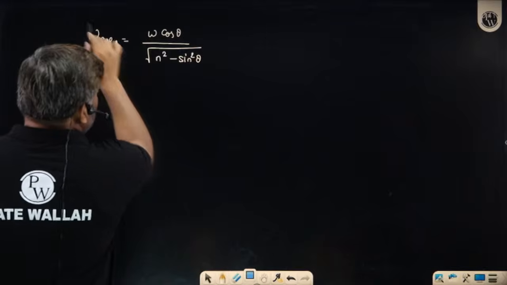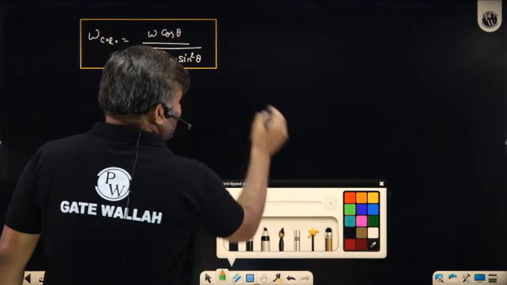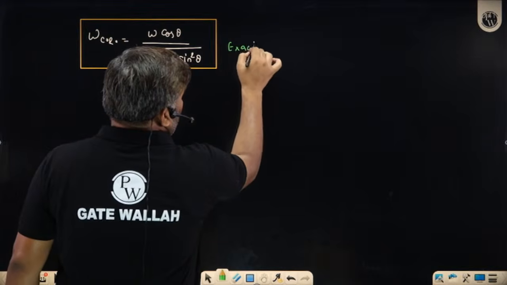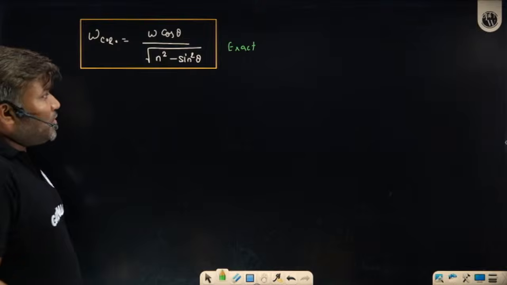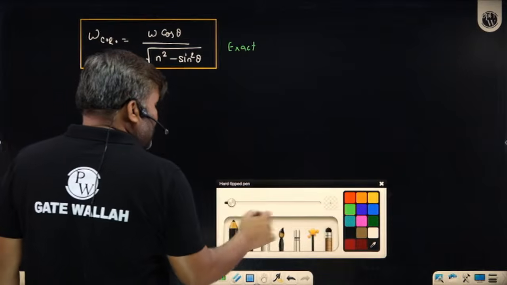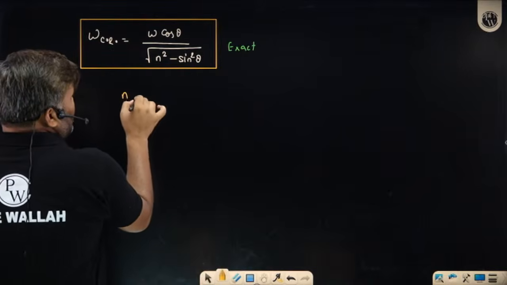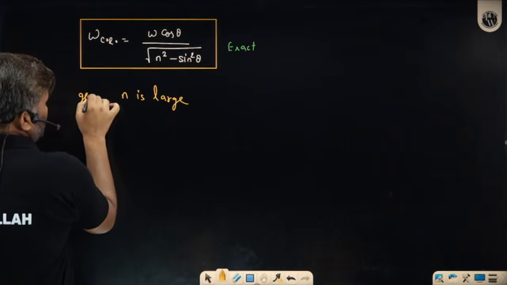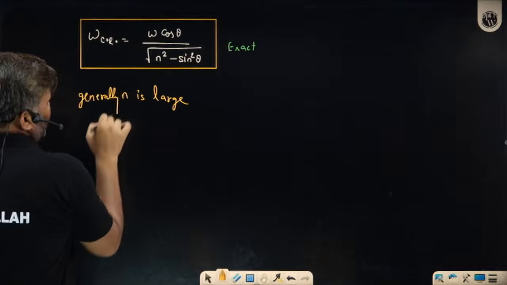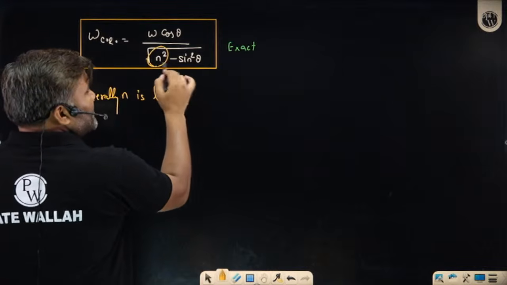This is the exact value, but I don't need this exact value, because I know that the value of n is generally large. So n square will be very, very large as compared to this.